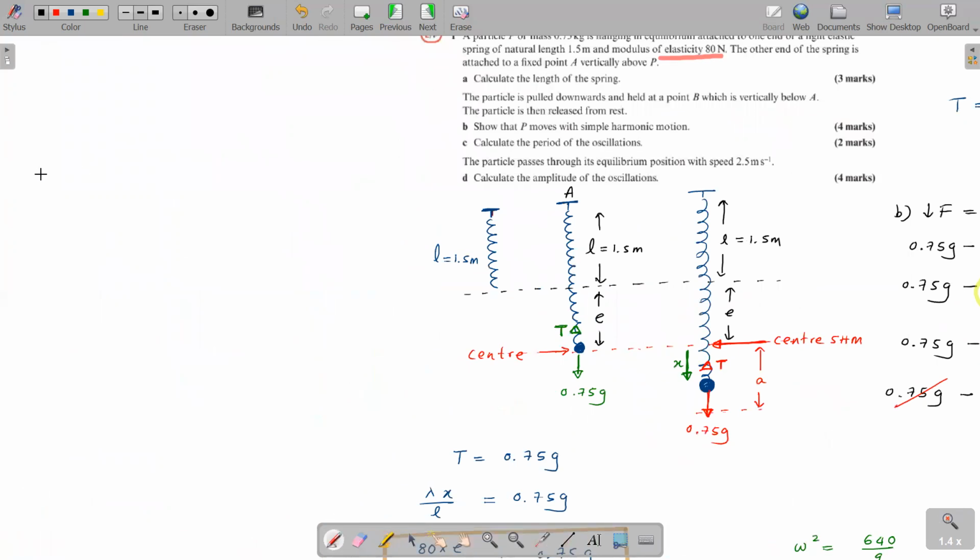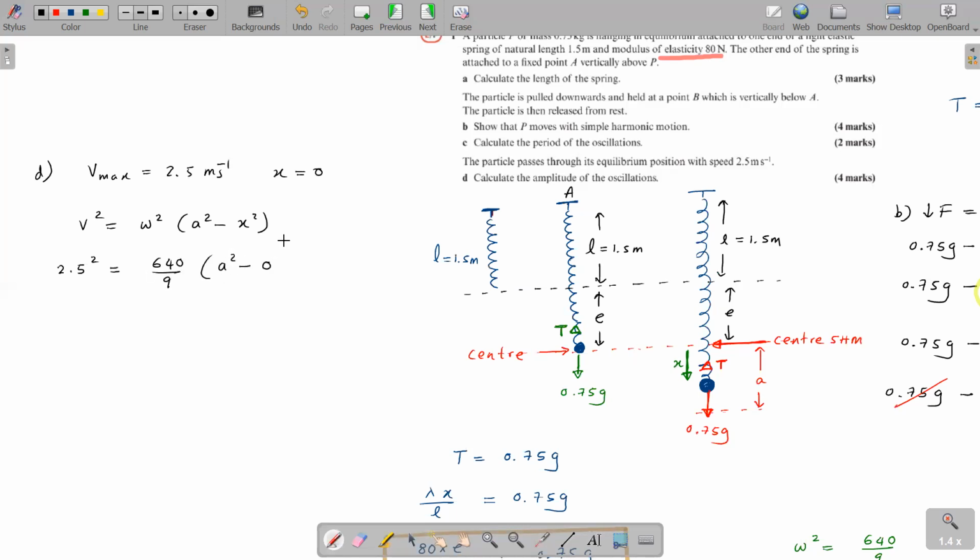In part D, you write V max is 2.5 meters per second, and you know V max occurs when x is 0. So we can apply V square equals omega square into a square minus x square. So V square, that's 2.5 square. Omega square was 640 over 9. Amplitude is a constant.